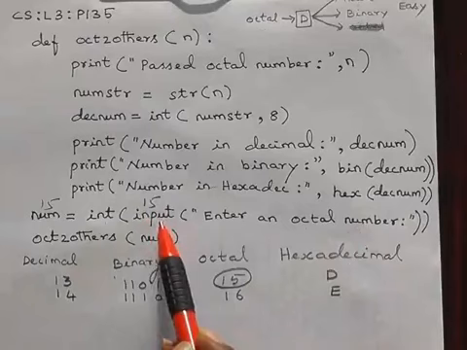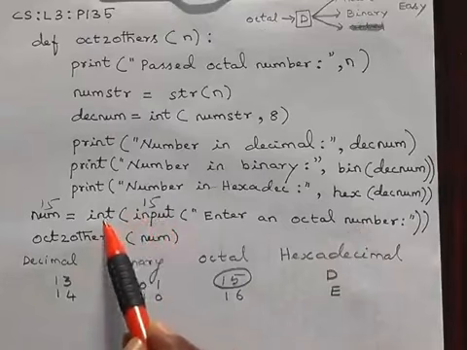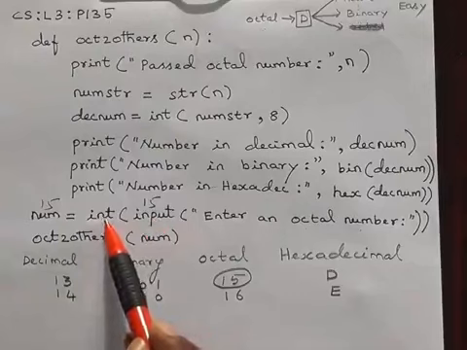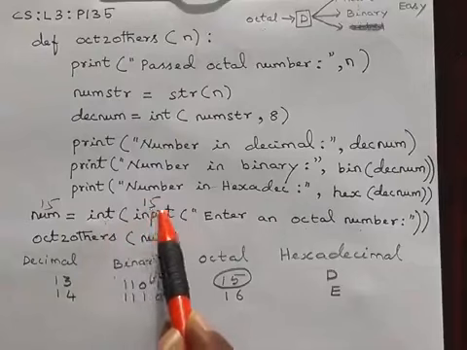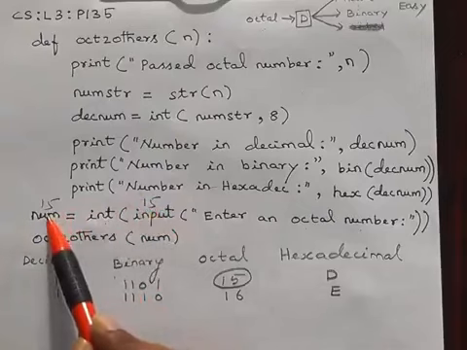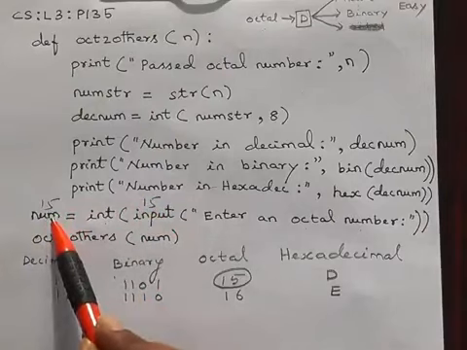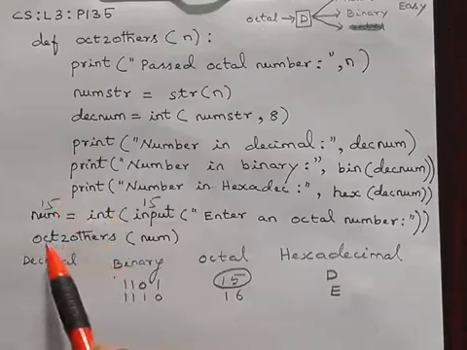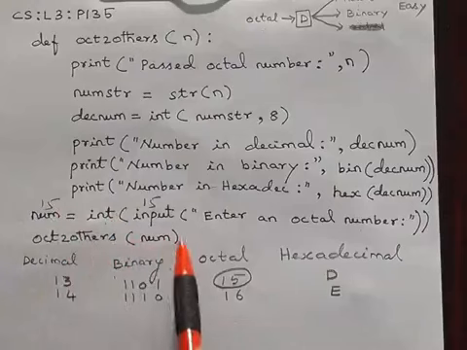Any number you can give. It should be an integer number, not a float number. For example, if I give 15, that 15 will be stored in num. What is the value of num? It is 15.